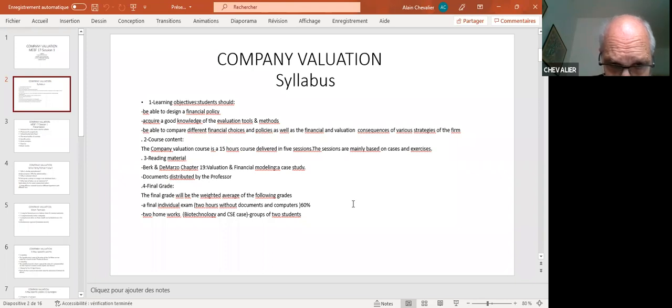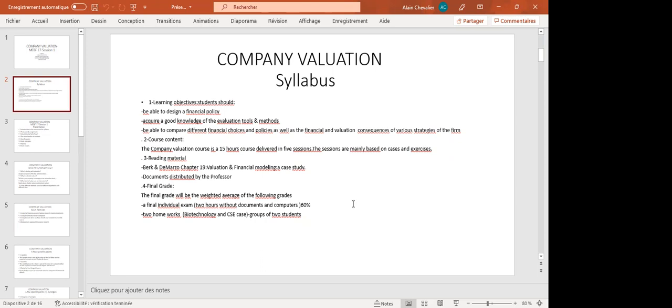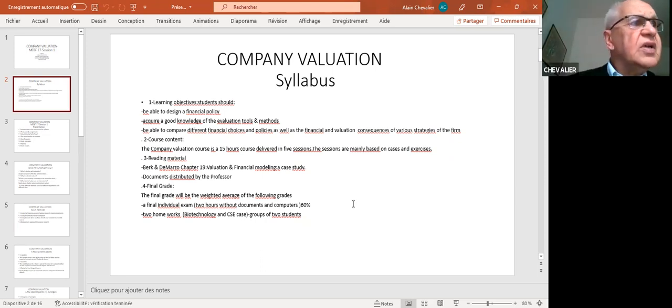Reading material: it's mainly, again, Berk and DeMarzo. You can concentrate on chapter 19. Chapter 19 is a very good chapter on valuation and financial modeling with a case study, and it shows you how to use comparables.